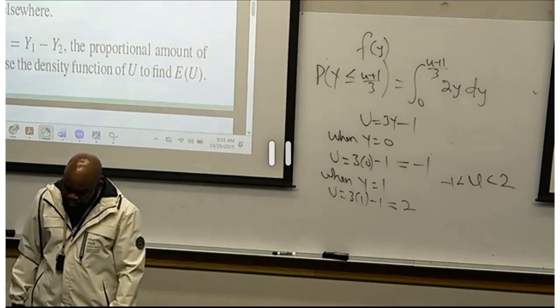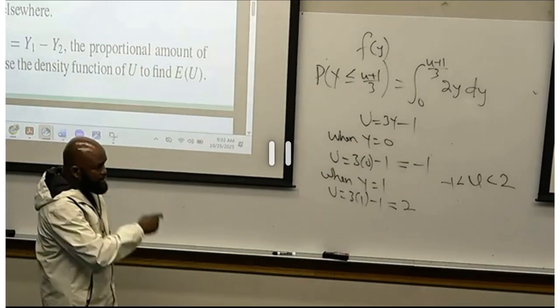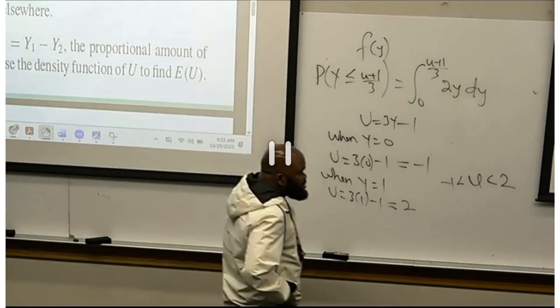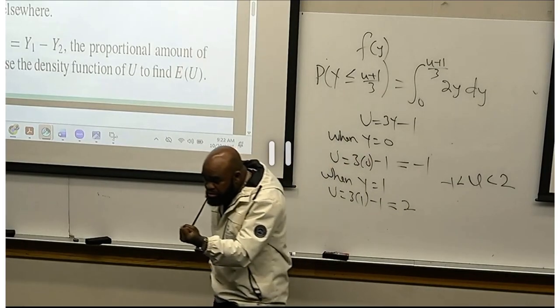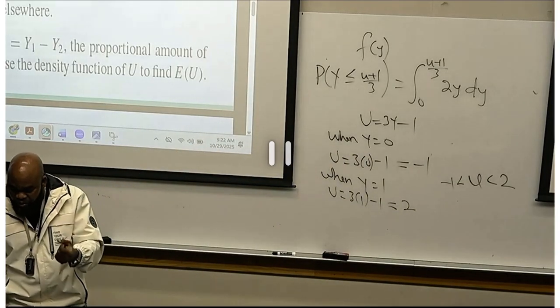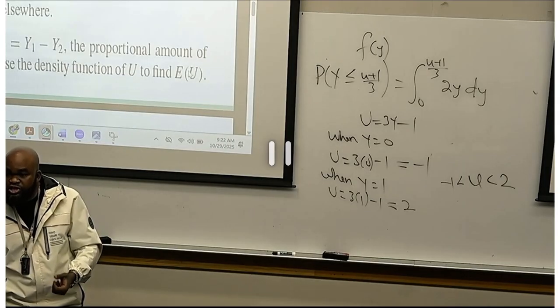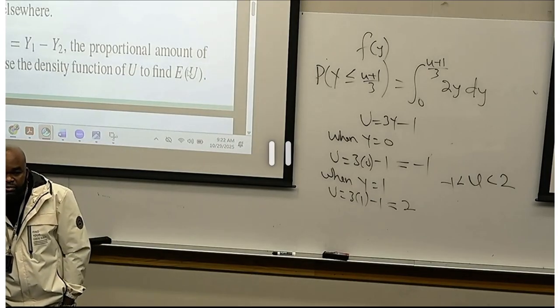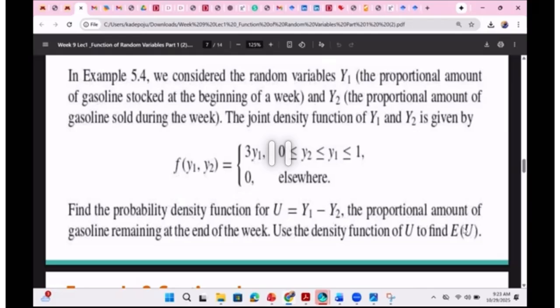But you know what? That's a lot of question here. Find the probability density function of u, and after that, they wanted to find the average, the expectation of u. It is only when you get the function of u correctly that you will be able to obtain the expected value of u. But you know what? I need you to pay attention.